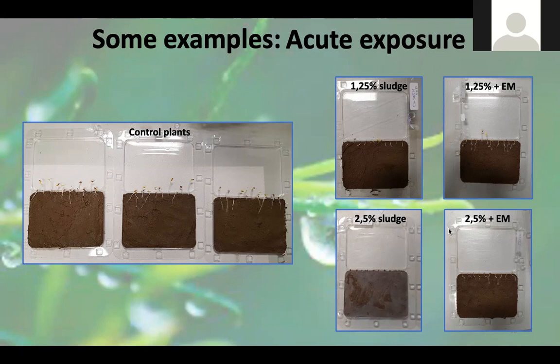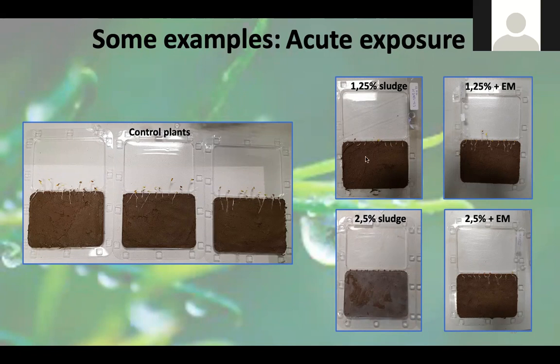In this other case, our plants were more developed, because we treated the sewage sludge with effective microorganisms. What are effective microorganisms? These are microorganisms normally present in nature, such as photosynthesizing bacteria, yeast, fungi, that are able to help plants by increasing their development.